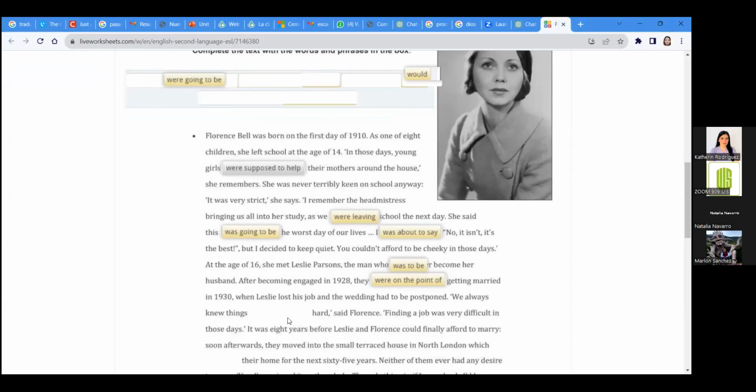They were going to be getting married. No? I agree with that. On the point of getting married because at the end they didn't get married because Leslie lost his job. And the wedding had to be postponed. Okay.